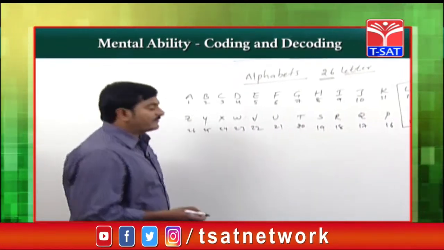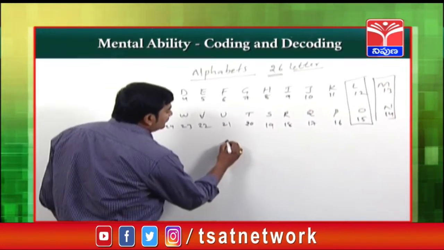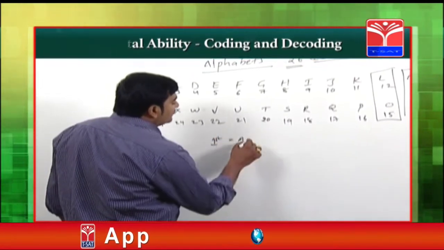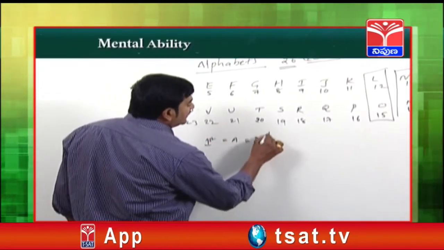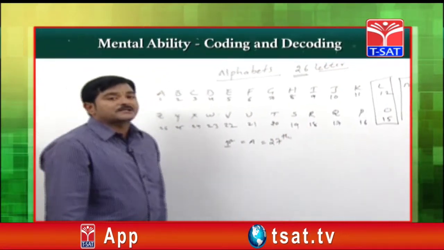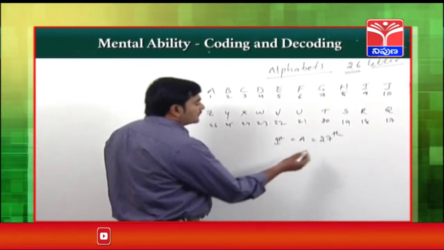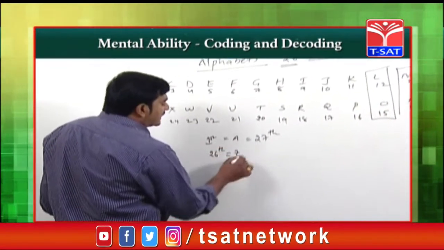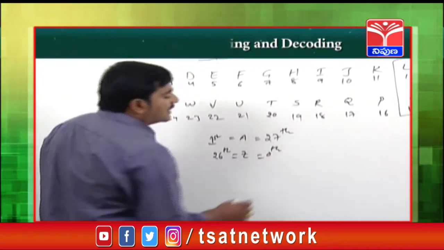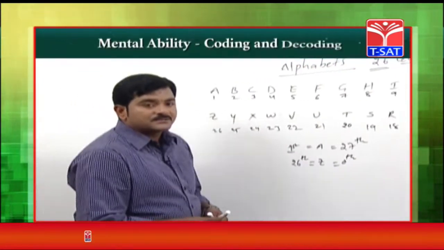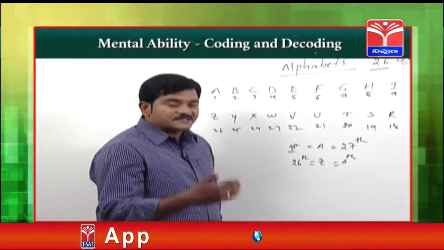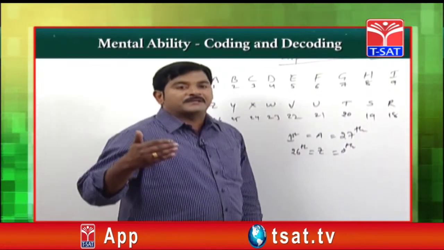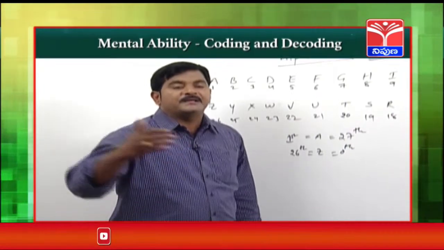For example, the first alphabet, everybody knows, is A, and similarly the 27th alphabet is also A. Similarly, if you think about Z, the 26th alphabet is Z, and similarly the 0th alphabet is also Z. So again the 26th is Z, again the 27th is A, 28th is B, 29th is C, 30th is D, and so on.